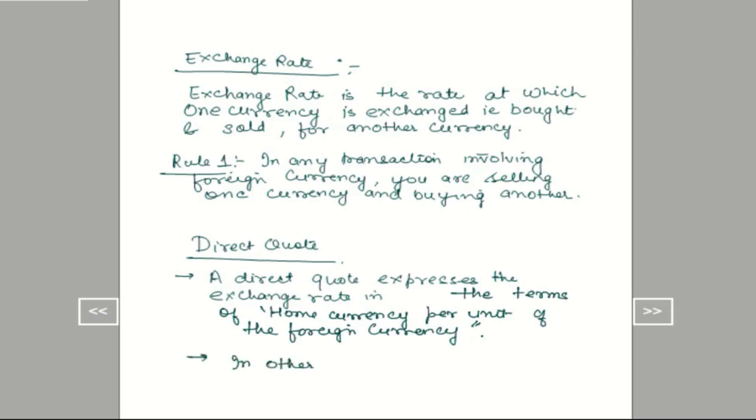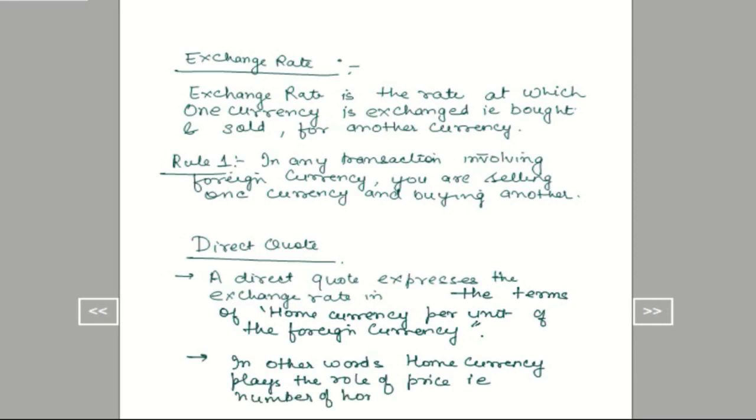In other words, home currency plays the role of price, that is, number of home currency units required to buy or sell.